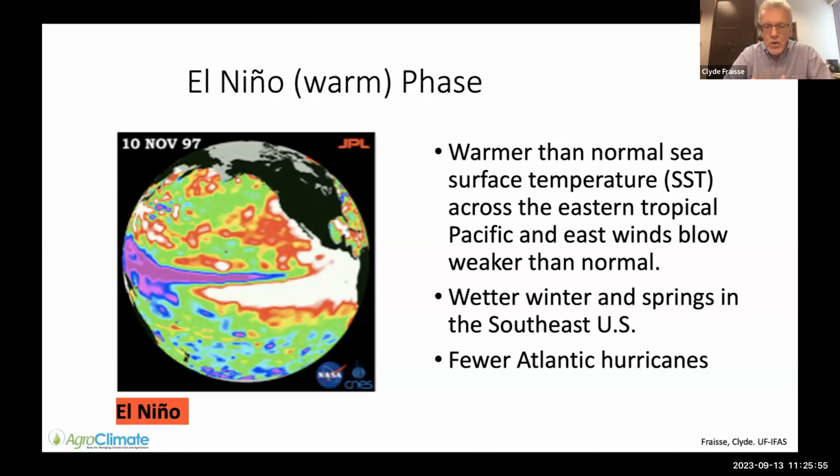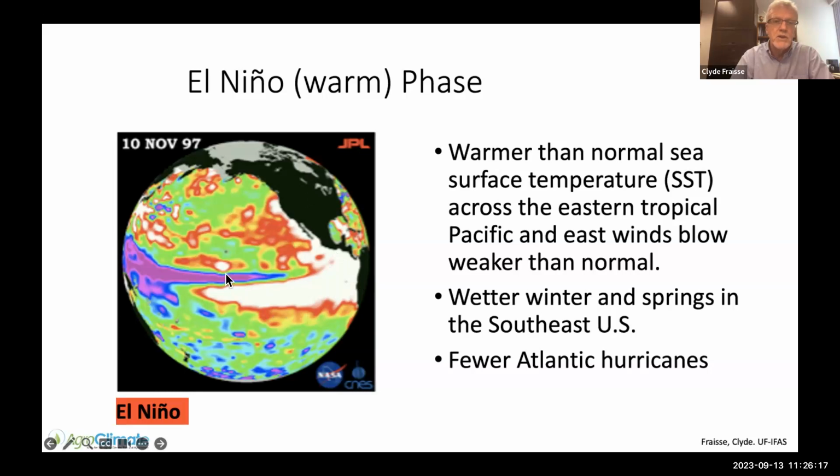Normally the strong effects come in the fall, winter, and early spring. And what you see here is actually not the temperature. Actually, this is the elevation of the ocean. This is what the satellite gives you. And it's above normal elevation, which also indicates above normal temperature.